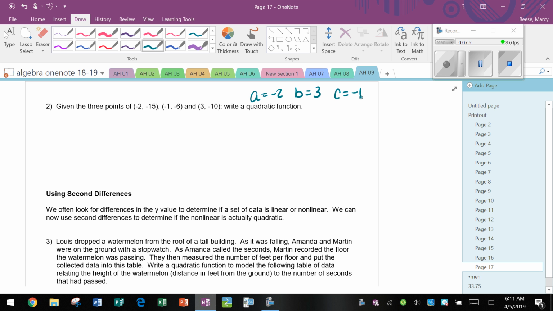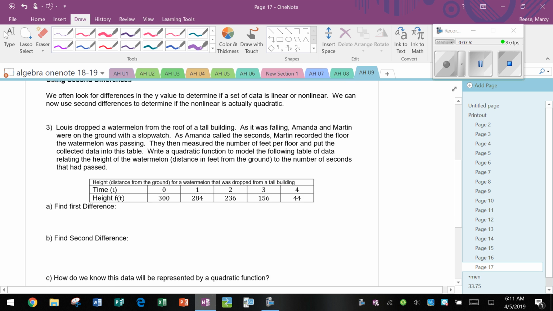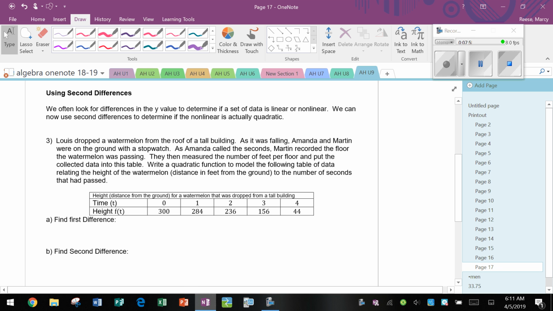Okay? Now, we're going to jump into using second differences. This is one of my favorites to see. I love seeing this pattern. Okay, so take a minute and you're going to read this number 3 here. Okay?